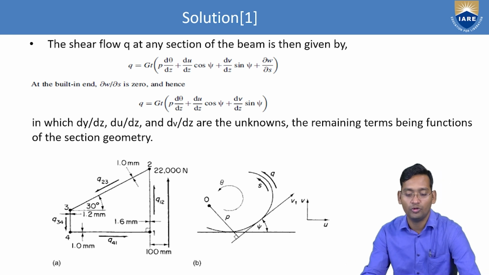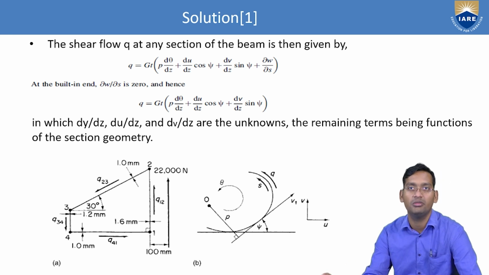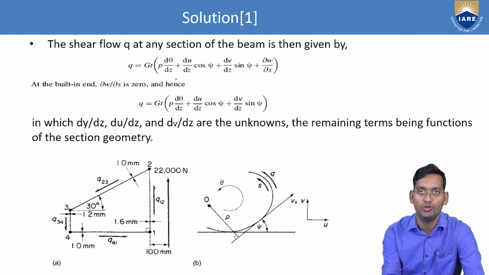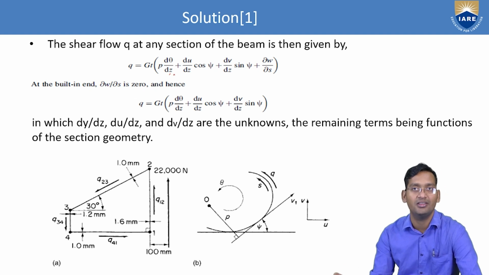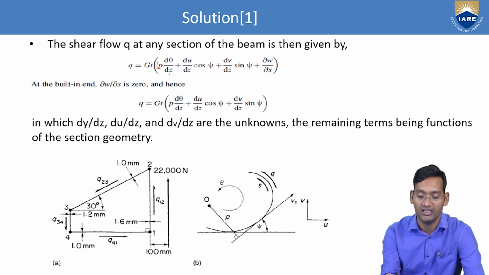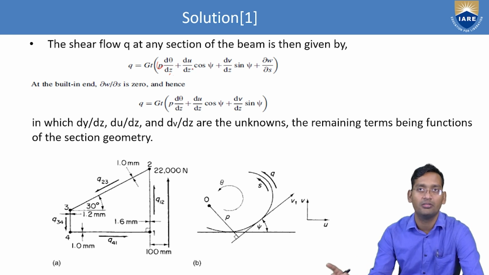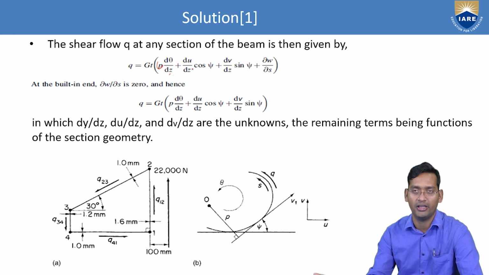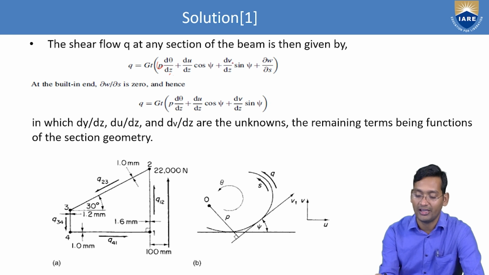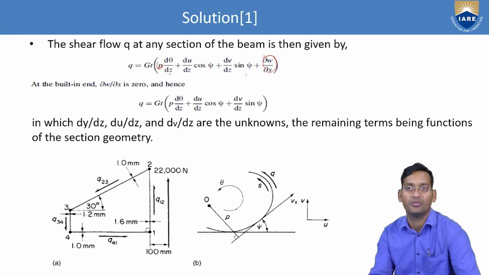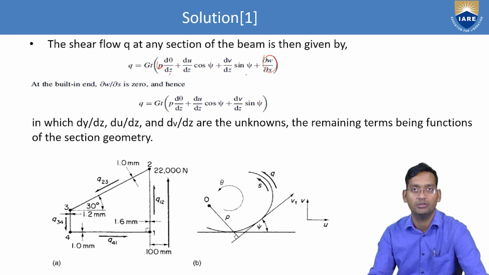Now the shear flow q at any section of the beam is given by q equals G t into p dθ/dz plus du/dz cos ψ plus dv/dz sin ψ plus the final warping term, ∂w/∂s.